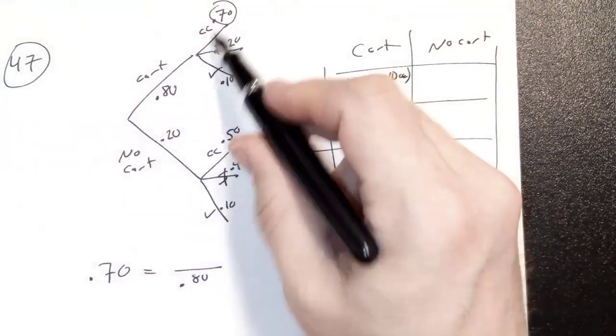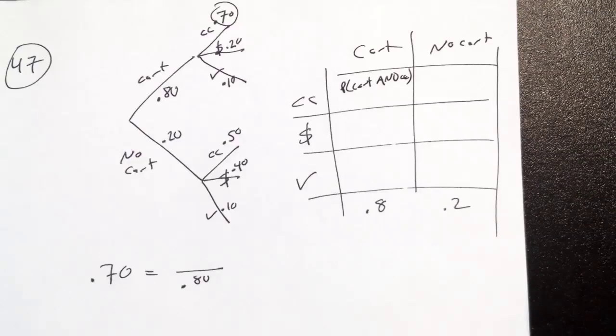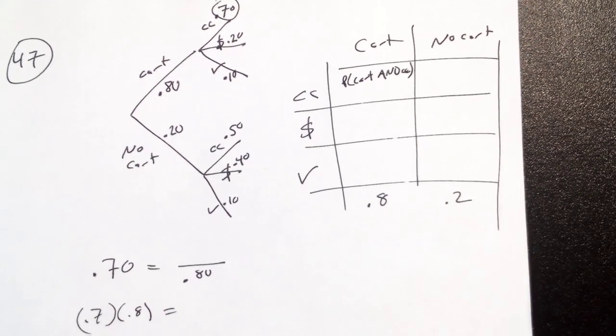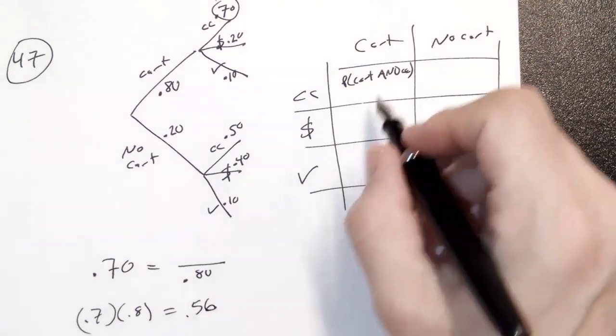I could multiply those together, couldn't I? Oh, 0.7 times 0.8 is, what's 7 times 8? 56. 0.56. And that's the number that goes here.